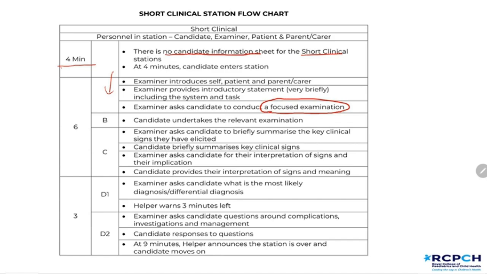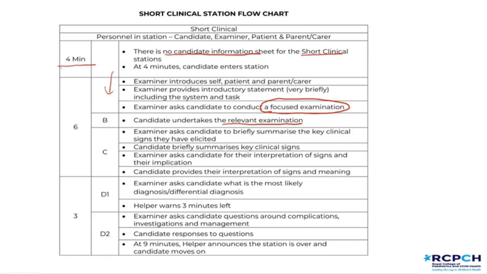Suppose, for example, the examiner can tell the candidate to do the lower limb examination for the CNS case, or he might ask you to do the upper limb examination for the CNS case. It depends. The candidate will do the relevant examination after greeting and taking the consent from the parent and greeting the patient.